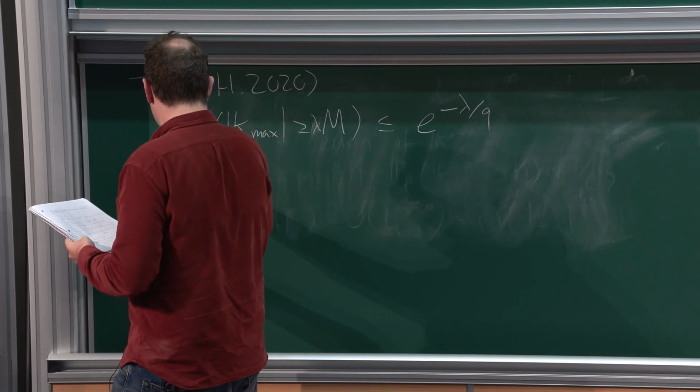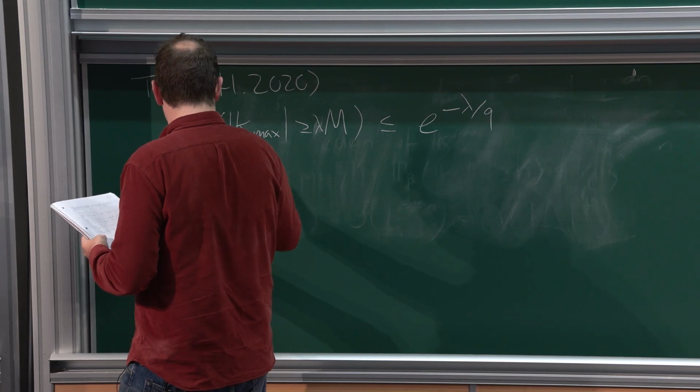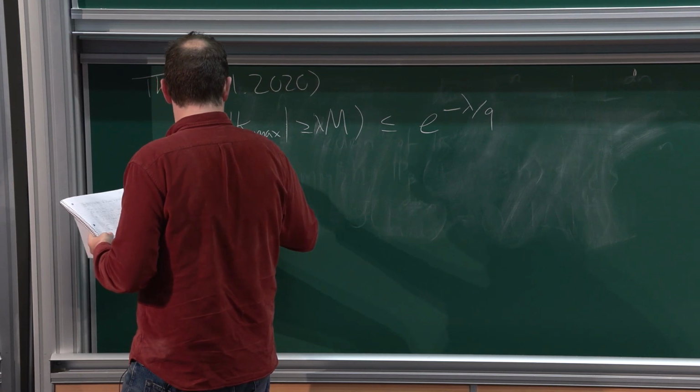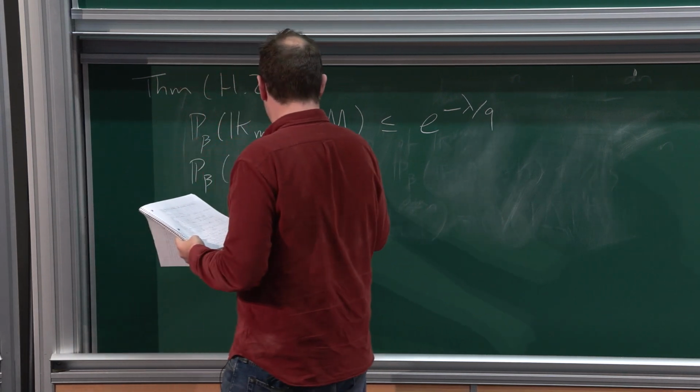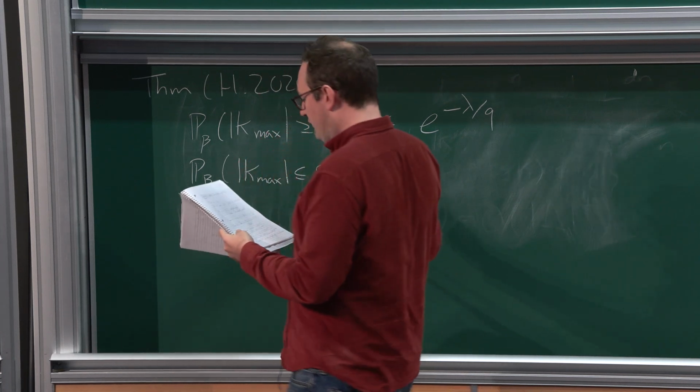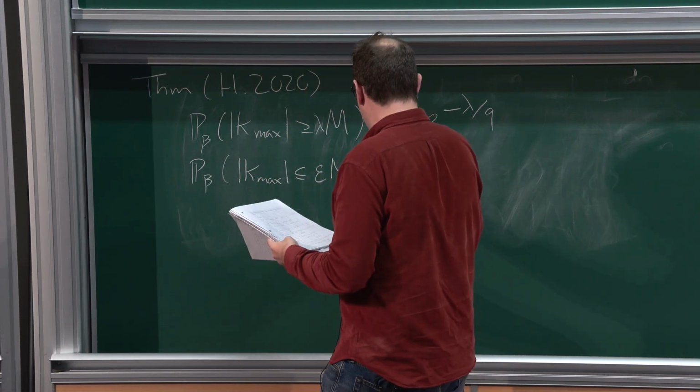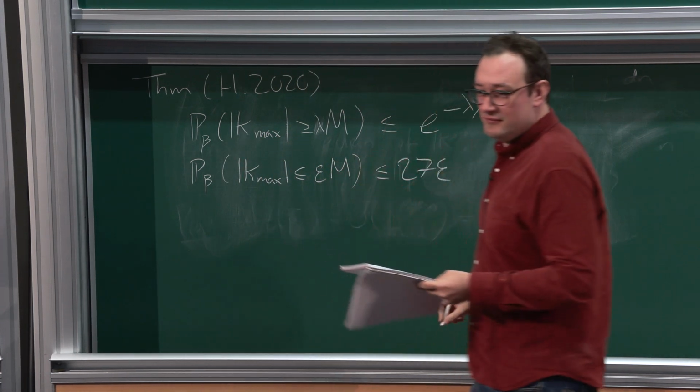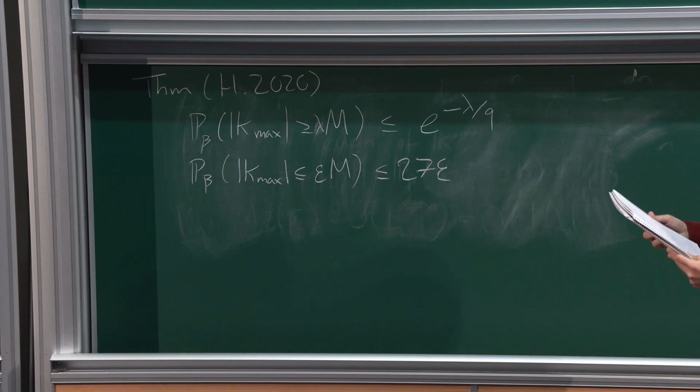If you want to be smaller than the median by a factor epsilon, it's bounded by 27 epsilon. Okay.